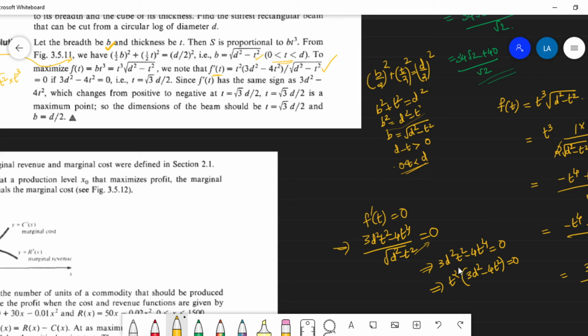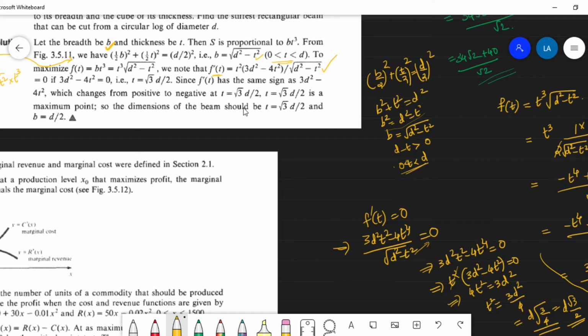And t is definitely a positive quantity, so you can cancel the t square here. So you get 4t square is equal to 3d square. So t square is equal to 3d square divided by 4, and when you take the square roots, you get t equal to d into root 3 by 4, which is equal to d into root 3 divided by 2.